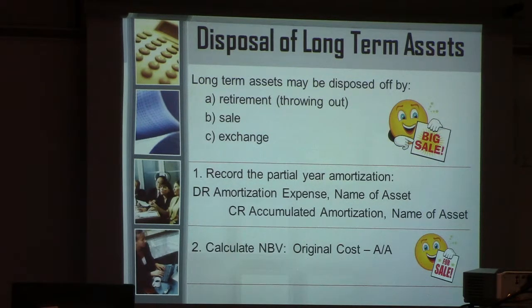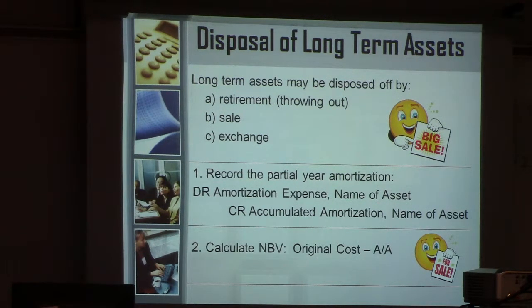Then you compare the net book value to proceeds of sale, the actual amount that you're selling the asset for. If the proceeds of sale, which is the sale price, is greater than net book value, you have a gain. You've made some money. If the proceeds is less than net book value, you have a loss. You can now record the disposal of the asset.